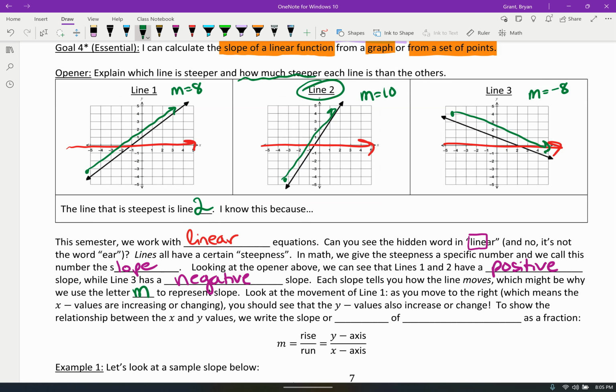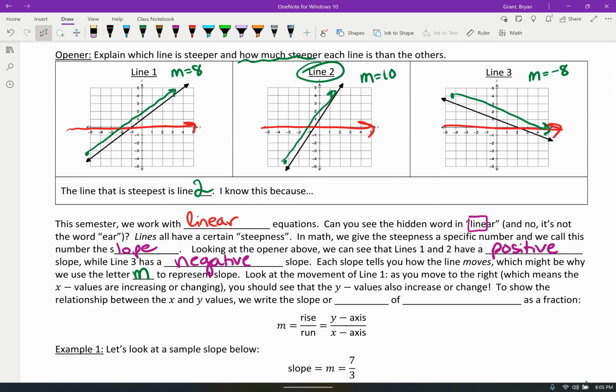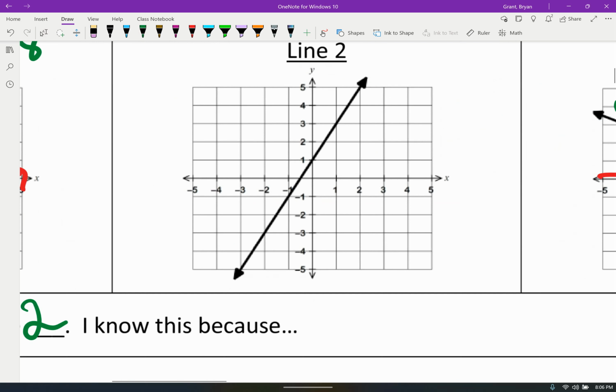In fact, what we're really doing here with slope is we like to explain how the y values and the x values are changing. So if I zoom in on line 2 here and take a look at a couple points, this is good practice for you to remember how to name points. Points always go x comma y. Think the alphabet. X comes before y.